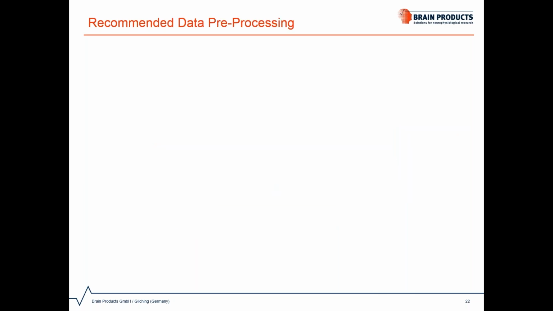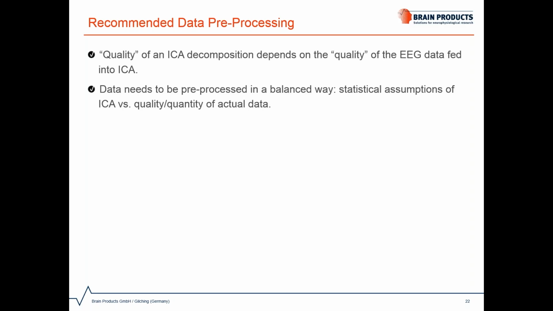So before applying ICA, we should talk about preprocessing of the data. Generally, you can calculate ICA in Analyzer on any sort of time domain data, be it continuous or segmented. So you could even do it directly on your unprocessed raw data. But there are good reasons not to do this, since the quality of your ICA strongly depends on the quality of the input data.